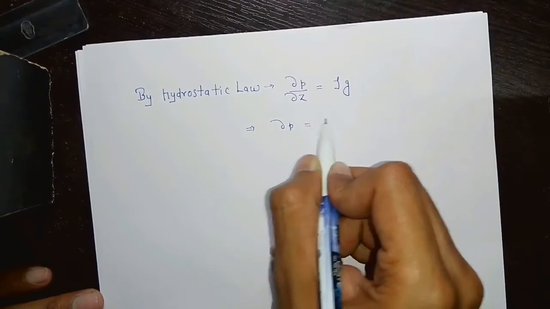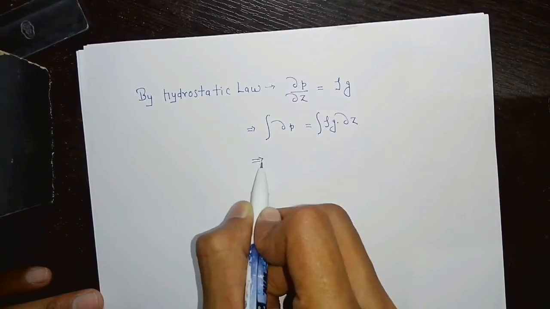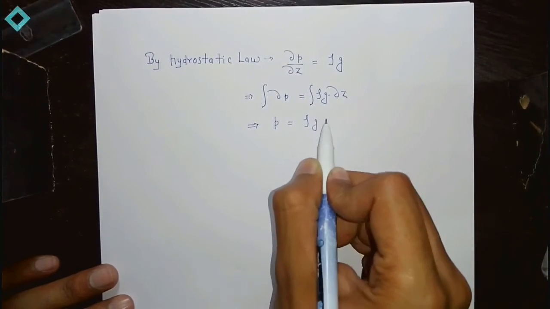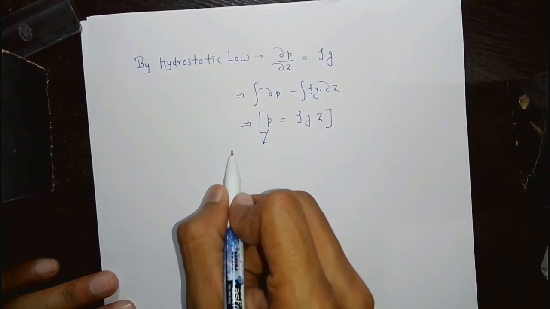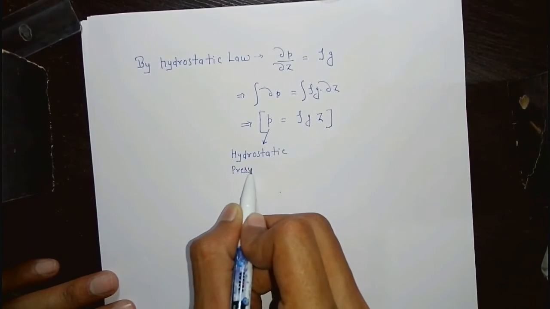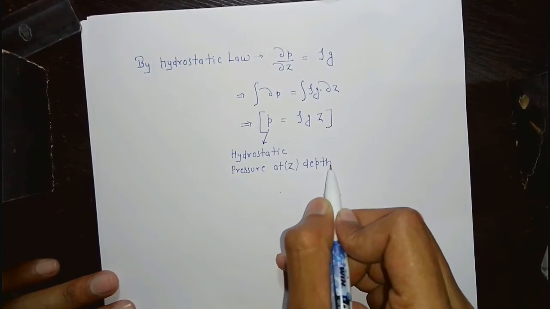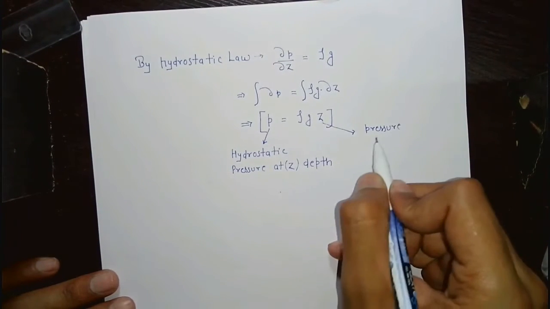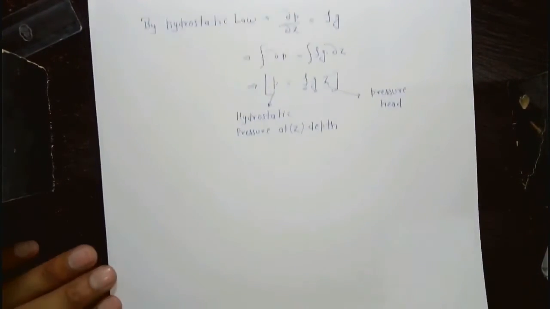Now del p is equal to rho g into delta Z. Integrating both the sides, p is equal to rho g Z, where p is hydrostatic pressure at Z depth, and Z is pressure head, rho is density of fluid and g is gravitational acceleration.